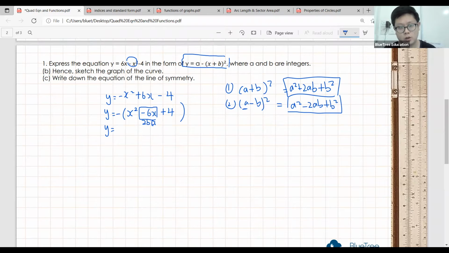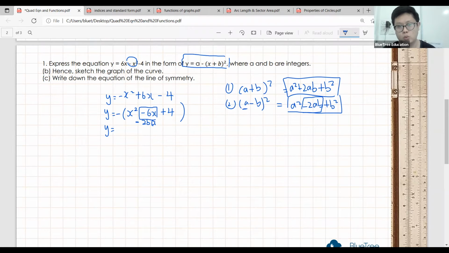And of course, at the same time, you're also going to take into account the negative sign in front. This negative sign attached to the 6x will tell you that this is actually the second special product, because only the second special product has a negative 2ab.